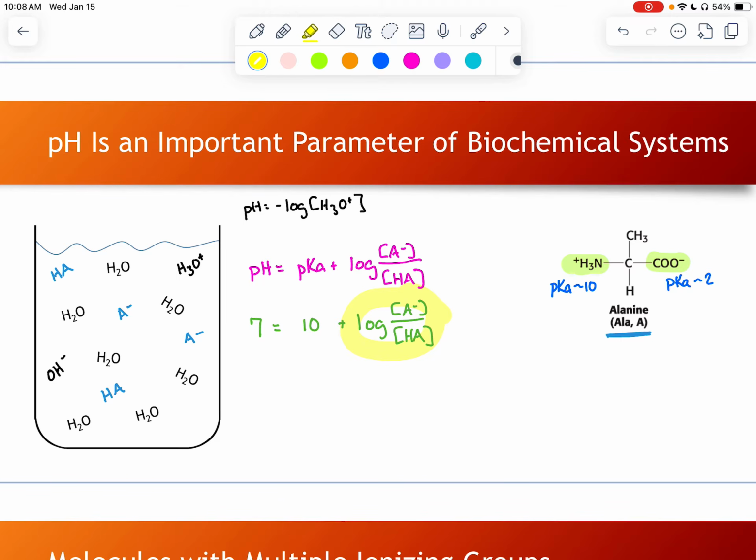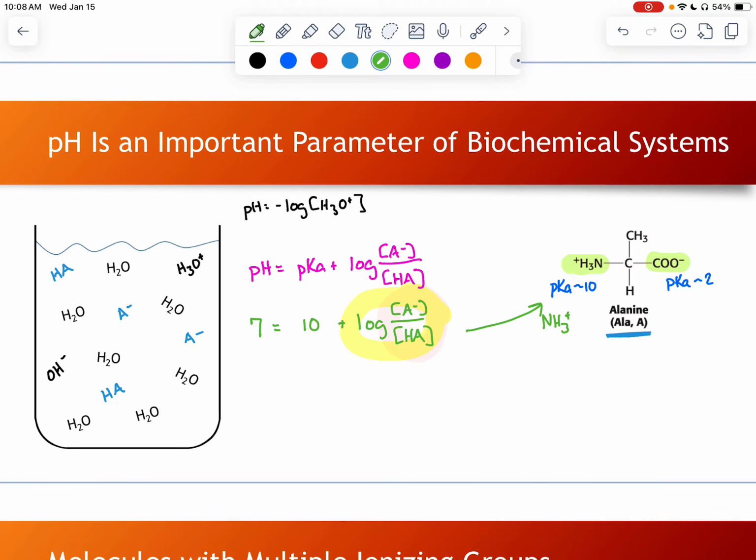To make my math work. And if I need that to give me a negative number, I know that this ratio must be less than 1. I must have more of the protonated version. So I can look at this and say, you know what? I'm going to expect this to be in the NH3 plus version. I'm going to expect it to be protonated.